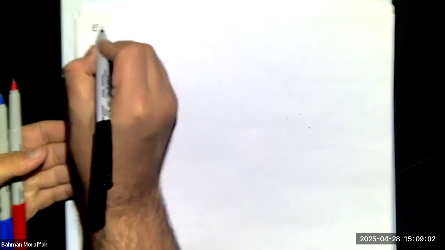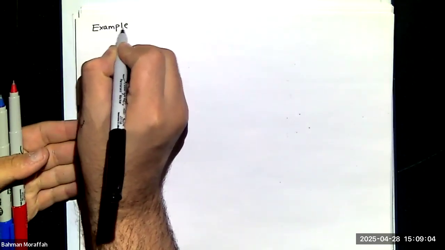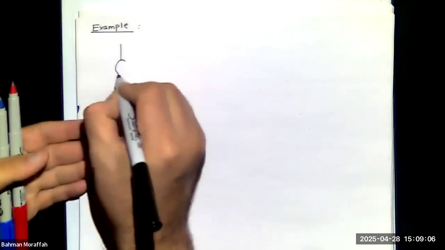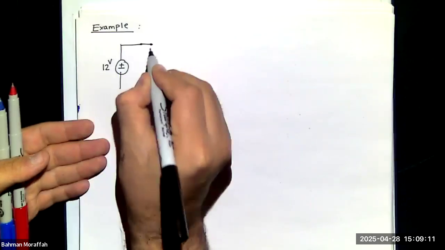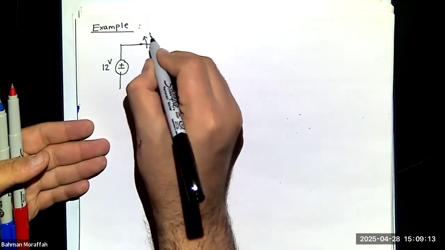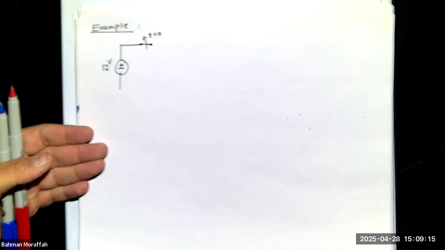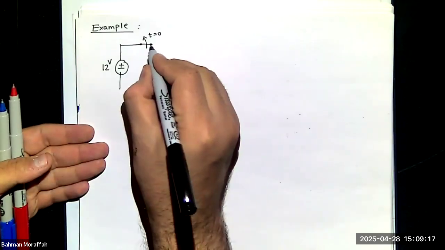Let's just say I am given this circuit. I have a 12 volts source. I have a switch that becomes open at time 0.